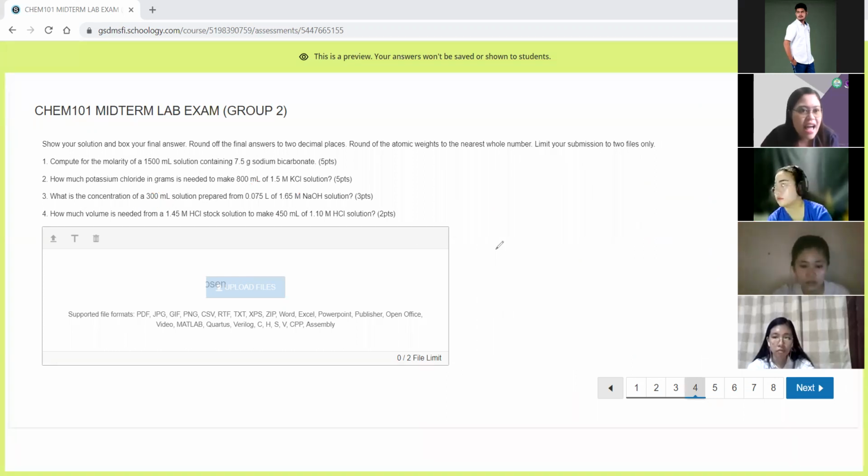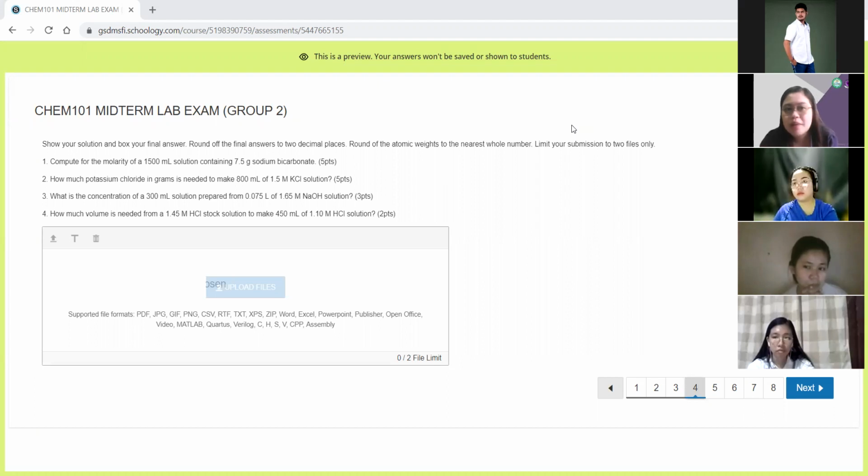0.075, it should be liters. 0.075 liters, when you convert that to ml, you will get 0.075 times 1,000, which is 75 ml.